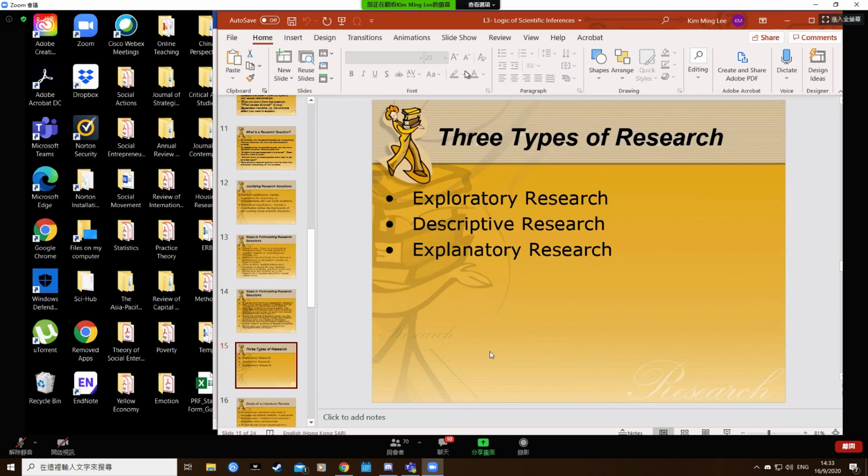Finally, we have explanatory research. Explanatory research, that means we want to explain something by testing hypotheses. Okay, so in the first part of this lecture, we talked about scientific inferences. All these are about explanatory research. We try to formulate a kind of theoretical framework. We draw a theoretical framework, for example, the status attainment model.